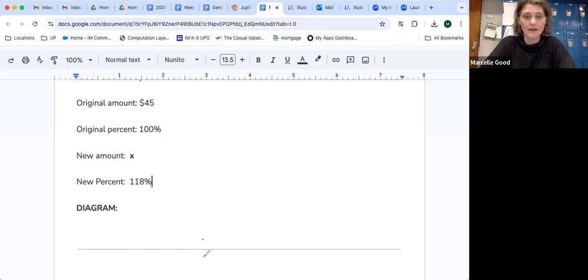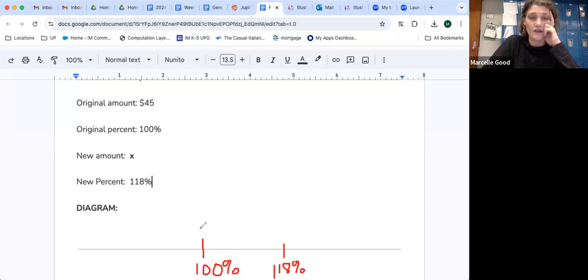We're going to label our original percent, which is 100%, and we're trying to find 118%. Then our original amount goes on top. So that's 45. And the 45 goes with the 100% because 45 and 100% are both the original amount and the original percent. Our new amount is unknown and is X.